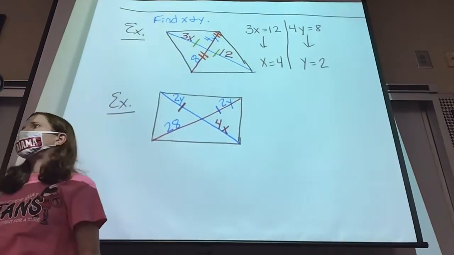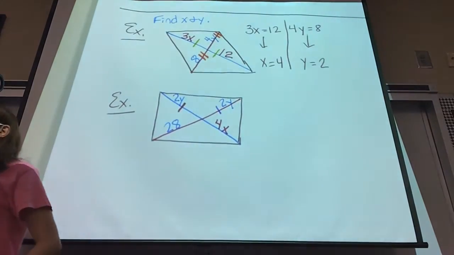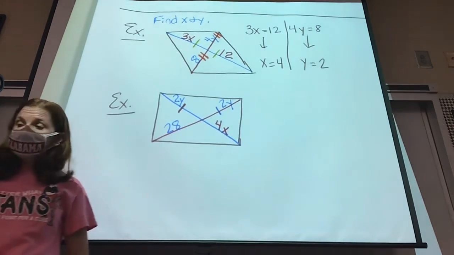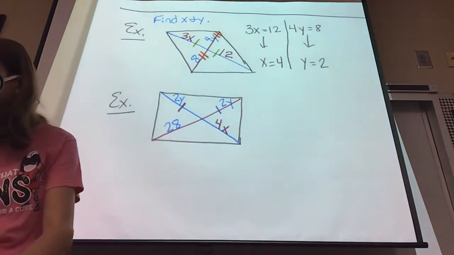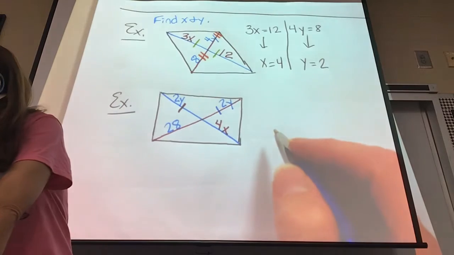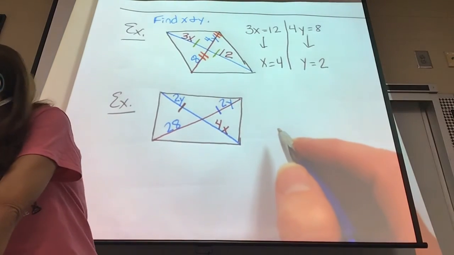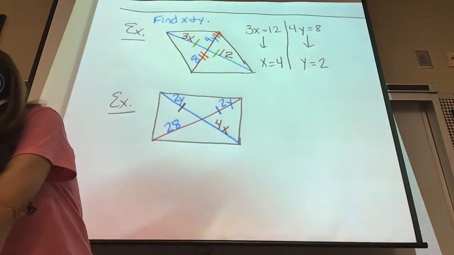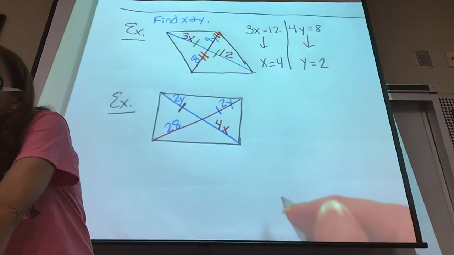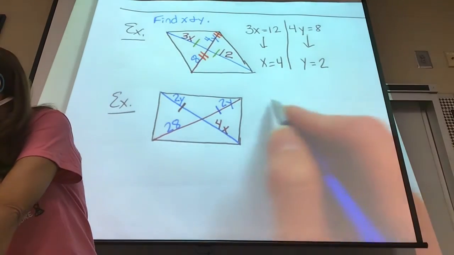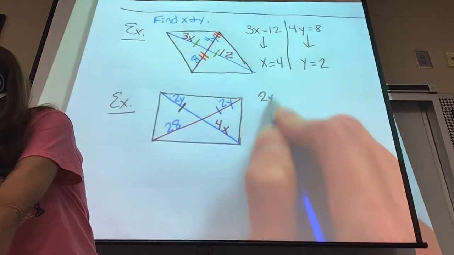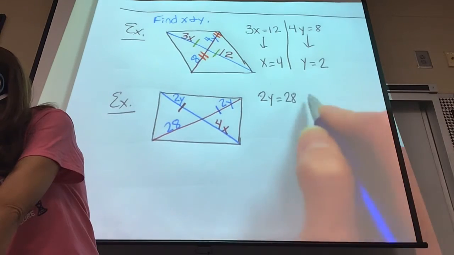Now again, you should be able to set them up and solve. So again, what would be my two equations? What's one of them? 28 equals 2y. Okay, so I'm going to say 2y equals 28.